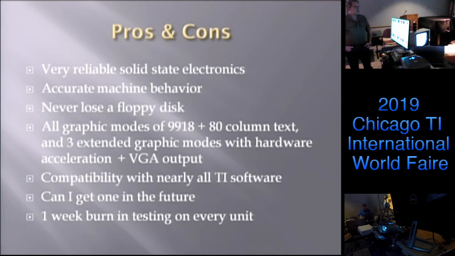And there I say this is kind of a con, but it's compatibility with nearly all TI software. The reason for that is because the 9938 implements a few things slightly different. One thing that happens on the 9918 is the video memory wraps at 16,384.